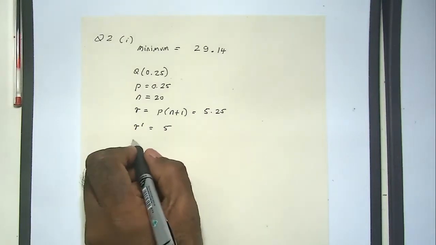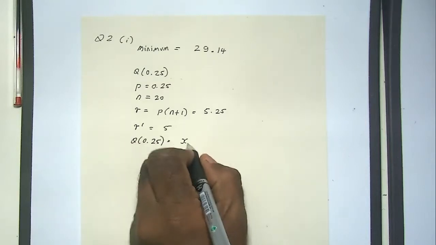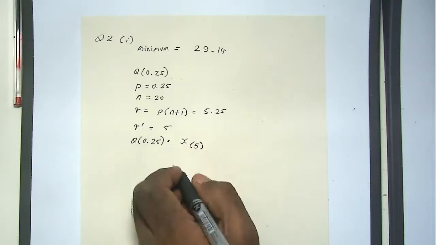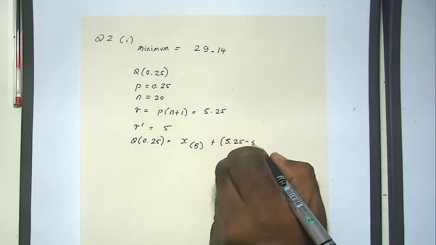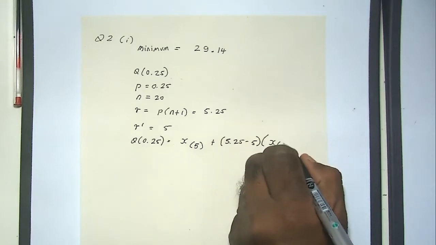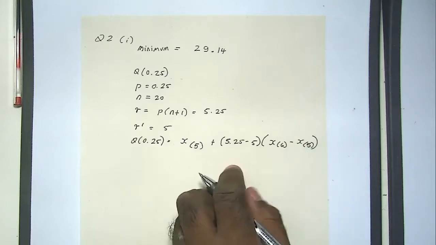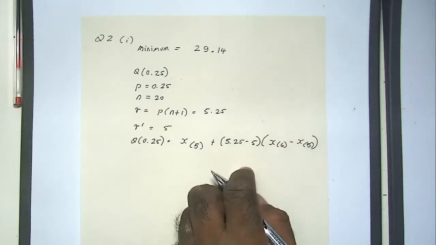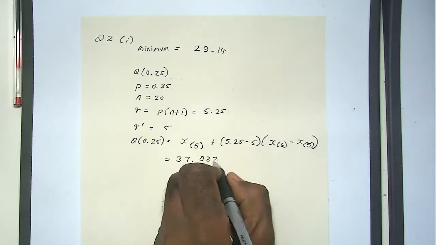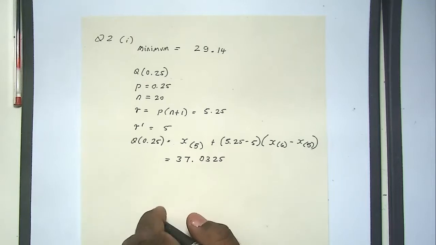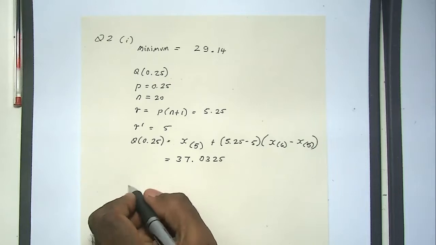So your Q at 0.25 is X5 plus (5.25 minus 5) times (X6 minus X5). This is the formula, right? You remember this? Yeah? If you work this out, you get 37.0325. So that's the first quartile. Now the next is the median.